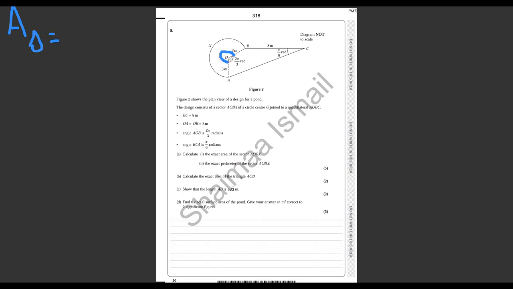So this is with radian, it's 2 pi. And we have the complement of it, which is 2 over 3 pi. So 2 pi minus 2 over 3 pi would give us 4 over 3 pi. So the sector angle would be equal to 4 over 3 pi.